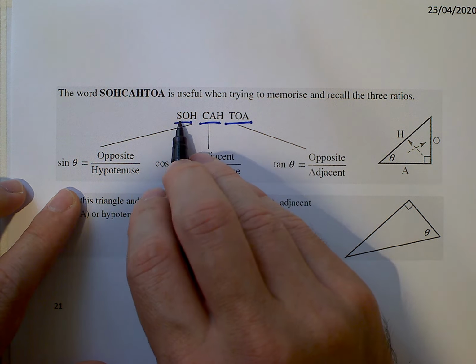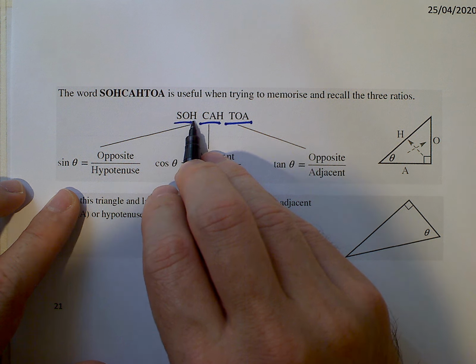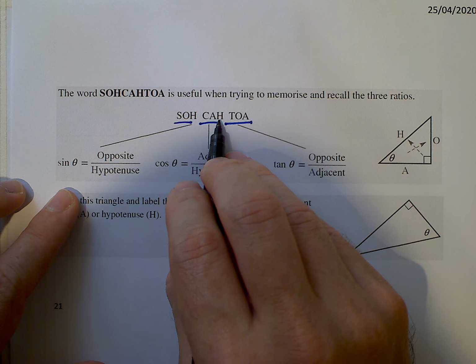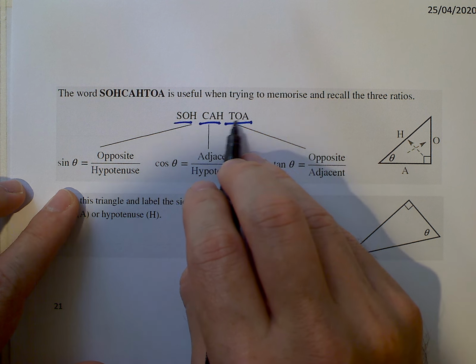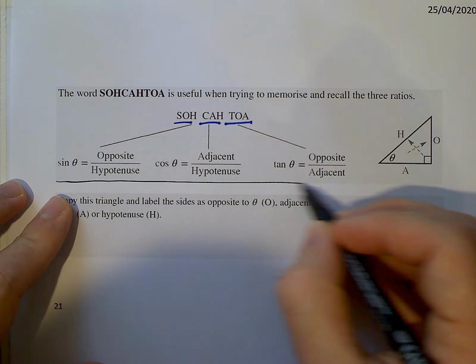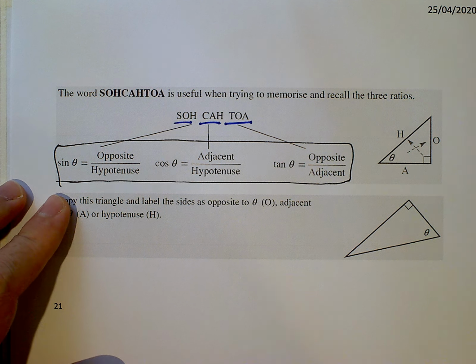It is sine, opposite over hypotenuse, cos, adjacent over hypotenuse, tan, opposite over adjacent. So it's just taking what we just learned, all these big concepts, and just boiling it into 9 little letters. And it's a very, very helpful way of remembering it. So this is my big tip. Okay?